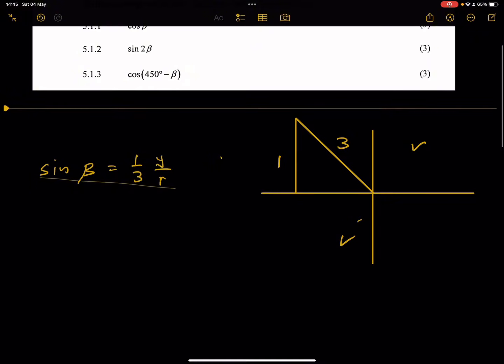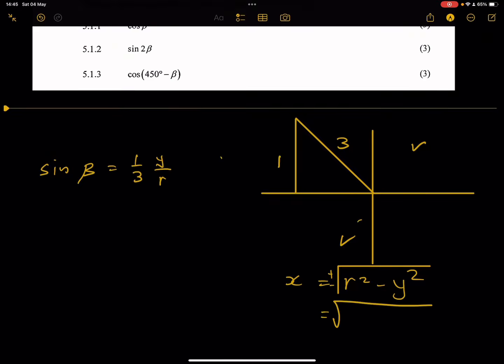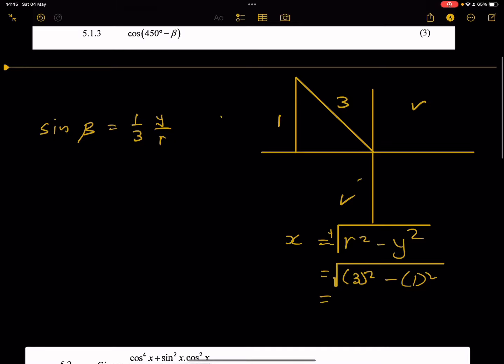So let's get our x value. So we're going to say x squared is r squared minus y squared. So x would be plus minus the square root of r squared, that's 3 squared minus 1 squared. Right, so that's 9 minus 1, which is 8.